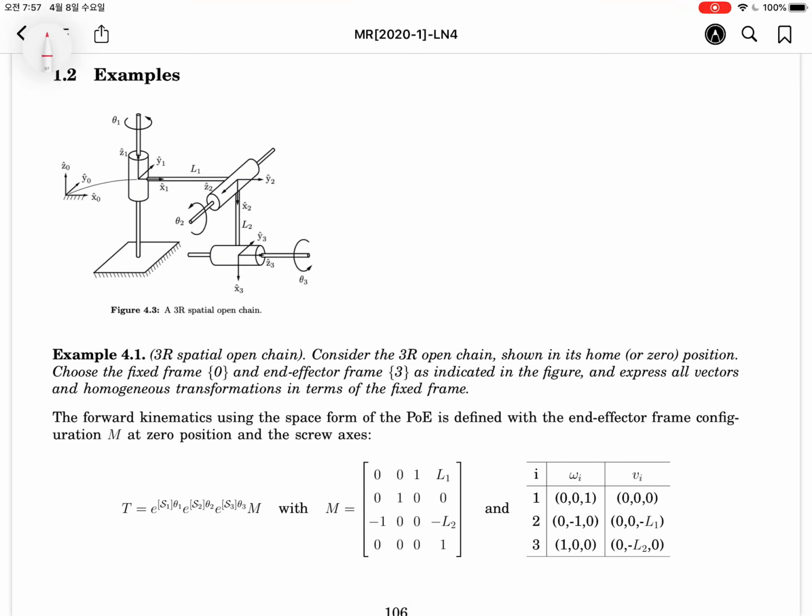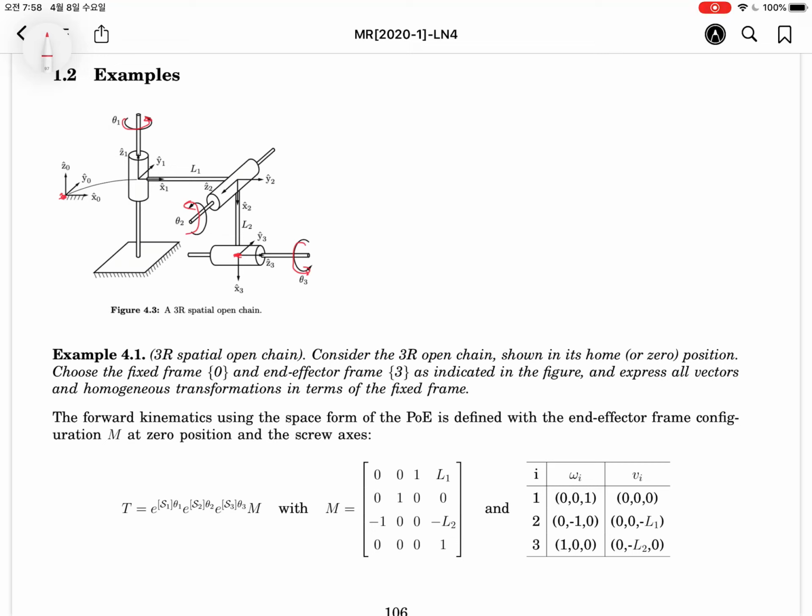Okay, let's take an example. Here, this is the base frame. This is the end effector frame. We have three joint variables: the first joint variable, second, and third.